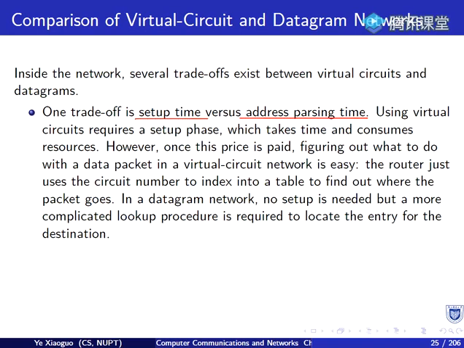However, once this price is paid, figuring out what to do with a data packet in the virtual circuit network is easy. The router just uses the circuit number to index into a table to find out where the packet goes. In the datagram network, no setup is needed, but a more complicated lookup procedure is required to locate the entry for the destination.